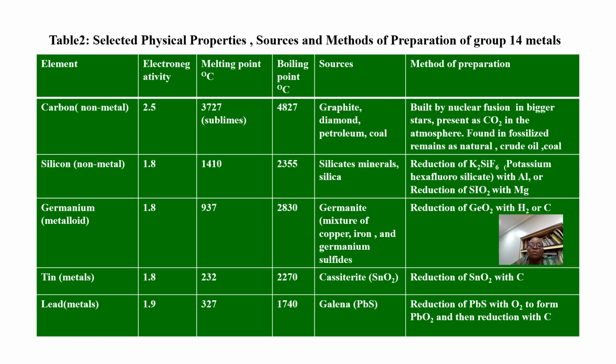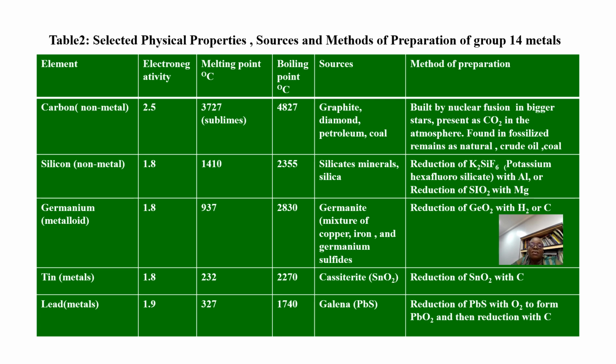What are the methods of preparation of the elements of this group? Carbon can be obtained from nuclear fusion in bigger stars. It is present as carbon dioxide in the atmosphere and is found in fossilized remains as natural crude oil or coal.